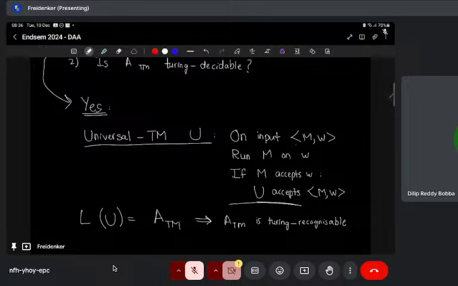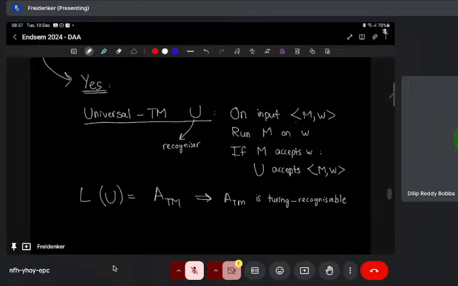If w is accepted by M, then the tuple M comma w is going to be accepted by our machine, U, which is a recognizer, and its language is Turing recognizable.